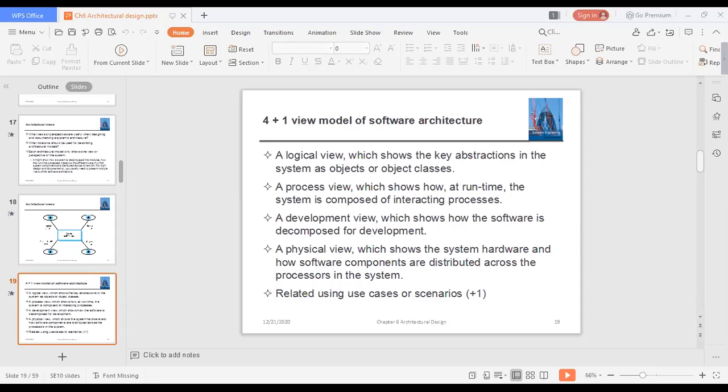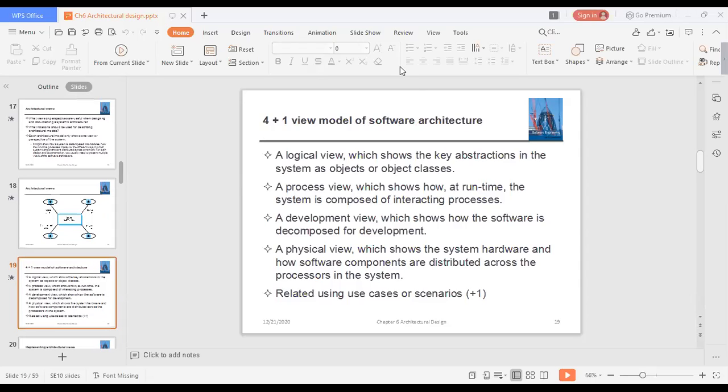this architecture, system architecture. A logical view which shows the key abstractions of the system as objects or object classes. A process view, we know what is itself a process. So the process view shows how at runtime the system is composed of interacting processes.